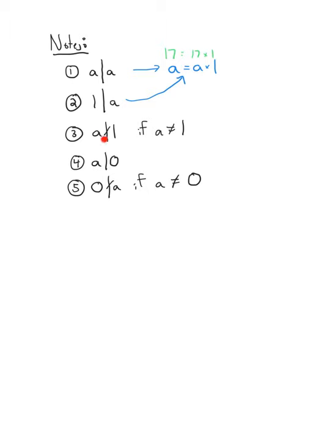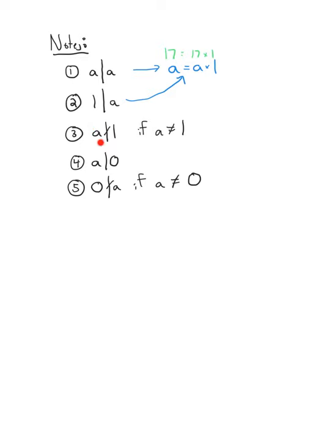Except for the case when A is 1, well, nothing else is a factor of 1, right? The only things that you can multiply together to get 1, the only whole numbers, are 1 times itself. So the only factors of 1, or sorry, I should say the only factor of 1 is itself.